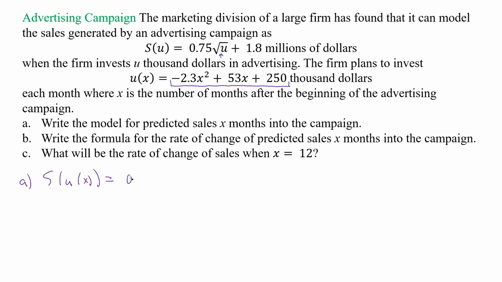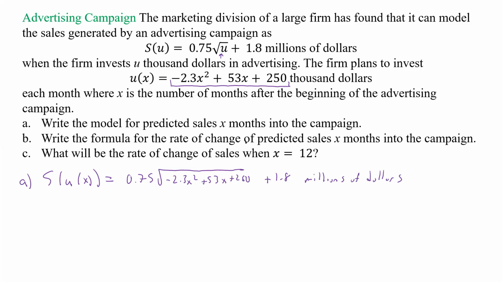And so that gives us 0.75 times the square root of negative 2.3x squared plus 53x plus 250, and then plus 1.8. And this is going to be all in millions of dollars. Okay, so that was pretty easy.